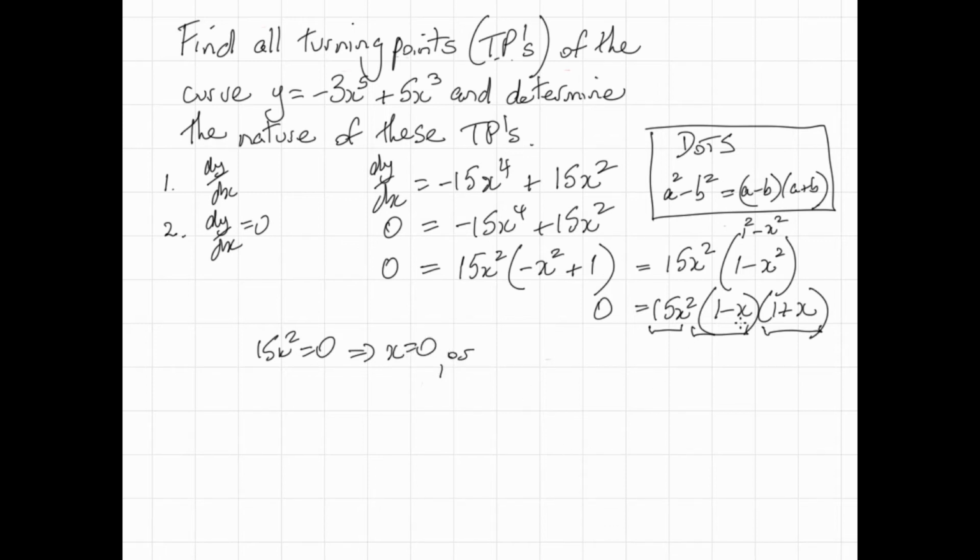Or 1 minus x equals 0, take the x to the other side and you get x equals 1. Or 1 plus x equals 0, take the 1 to the other side and you get x equals negative 1.